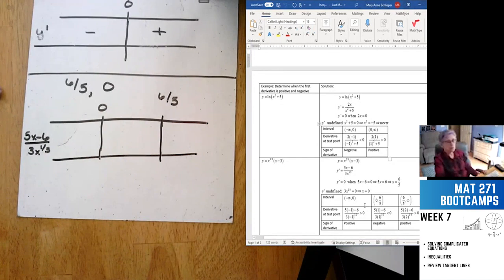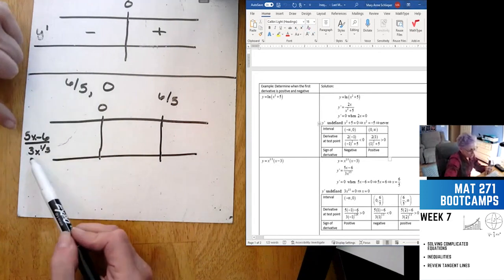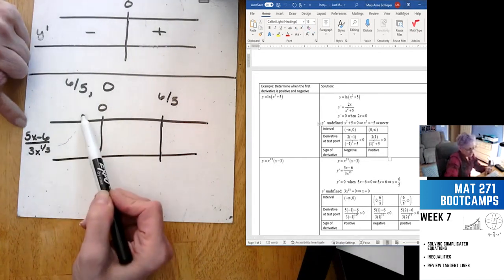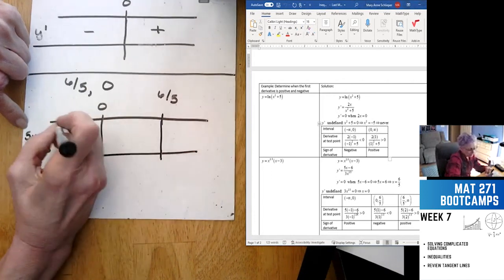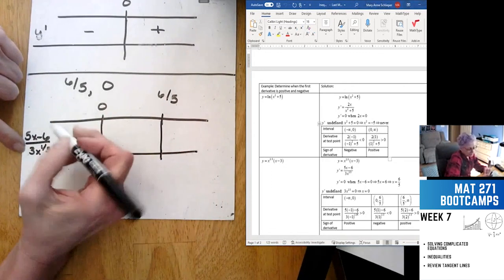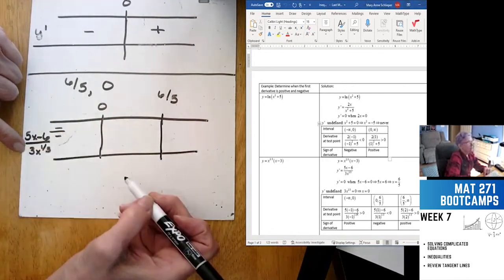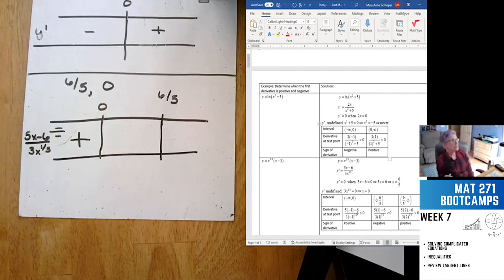You could pick some points and plug them in, like I did there, or you could just logic your way through it. If you pick a negative number, the numerator is going to be negative. And if you pick a negative number, the denominator will also be negative. A negative over a negative is positive.